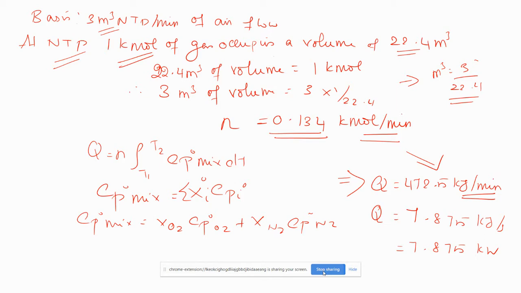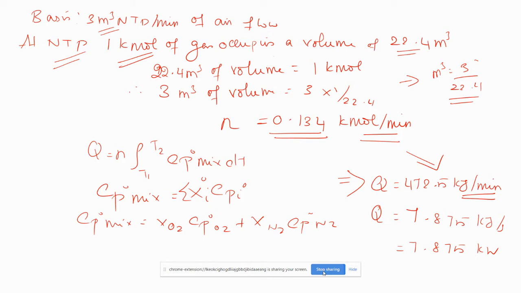The general formula is Cp naught m2 into T2 minus T1, into Cp naught m1 into T1 minus T1. There the values were given directly, only one value for one gas. So here it is a mixture of gases.